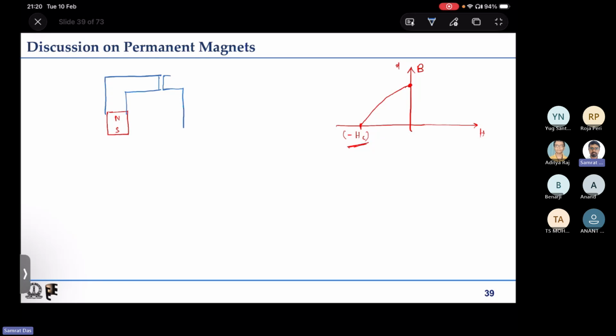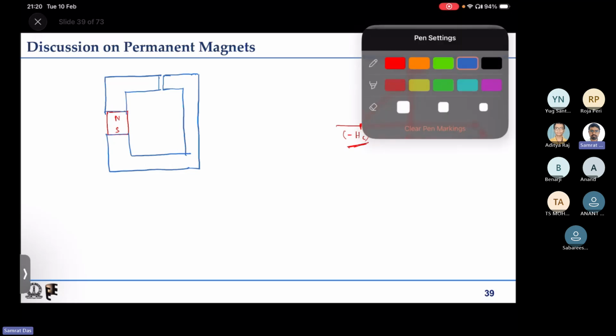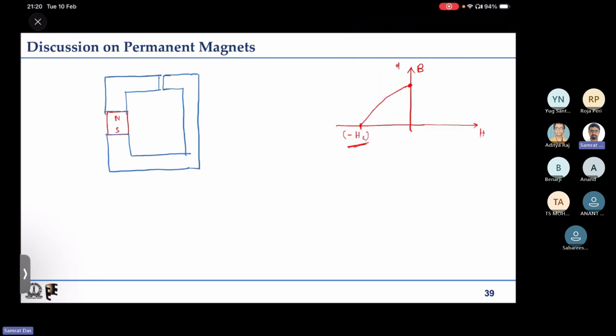This is the gap, and otherwise it is a continuous thing. This is the ferromagnetic core, and it has some permanent magnet in it. This case does not have any coils, that means it does not have any current injected anywhere in this magnetic structure.